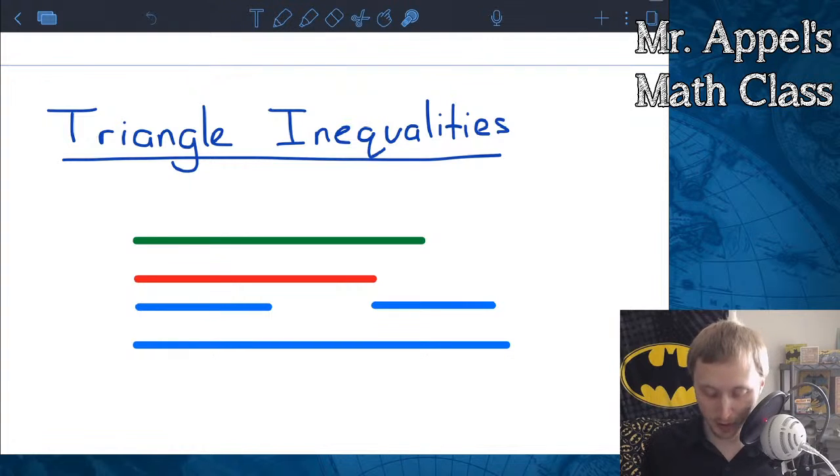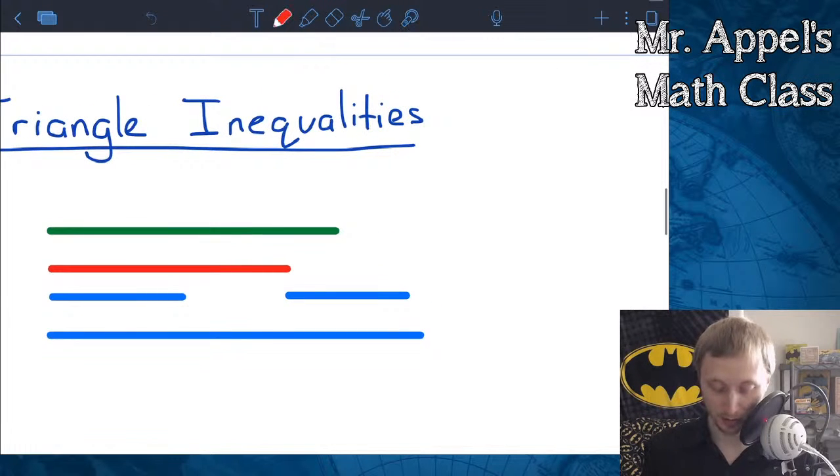So what I have for you here is a set of sticks of various lengths. And I want you to examine them closely and let me know if the following combinations could make a triangle or not. So in the chat, yes or no, will 3 different colors of sticks be able to make a triangle?